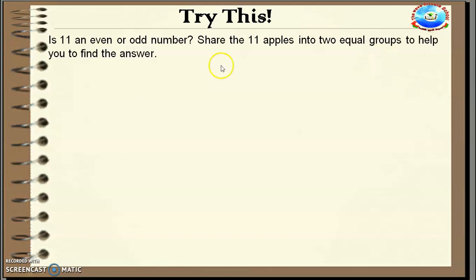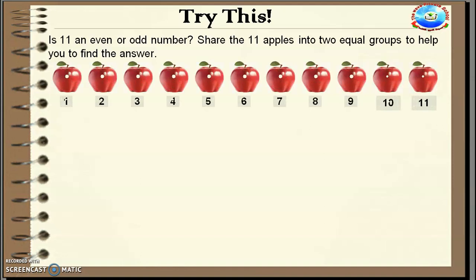Your question is: is the number 11 an even or odd number? Share the 11 apples into 2 equal groups to help you find the answer. So, here you have 11 apples. You need to find whether 11 is an even or odd number. How to find it?